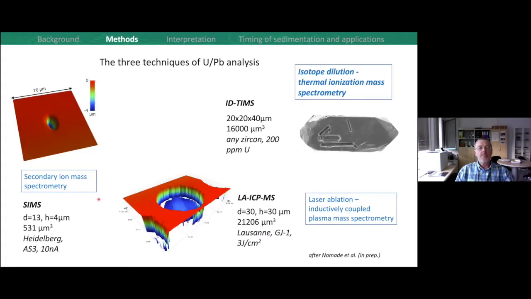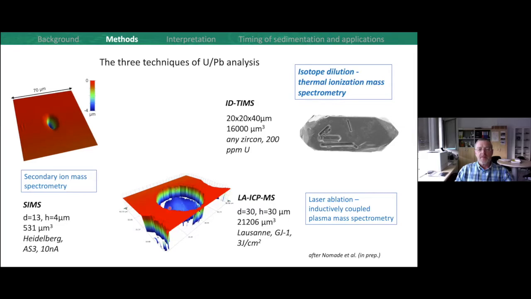So now you may know that there are also different techniques to do this. So there is an analytical equipment which is called SIMS, secondary ion mass spectrometer, secondary ion microprobe. So this is called an ion probe also, which is analyzing very, very small volume of zircon. So you can, with a small pit of 10 to 13 microns, give an age. You analyze very little material.